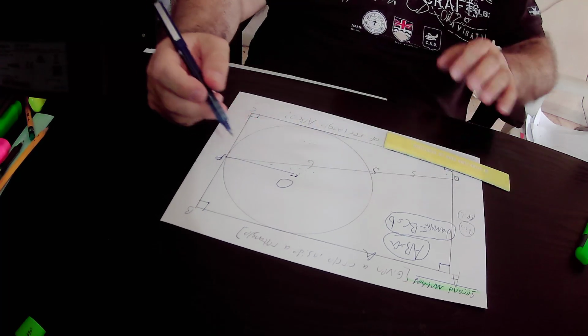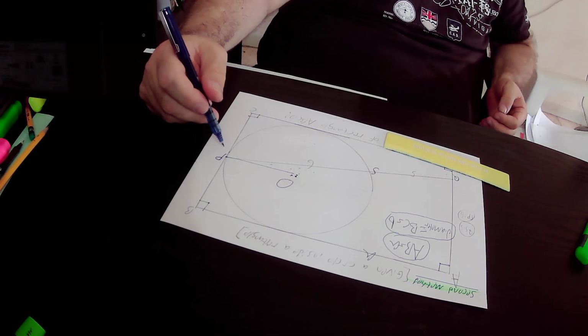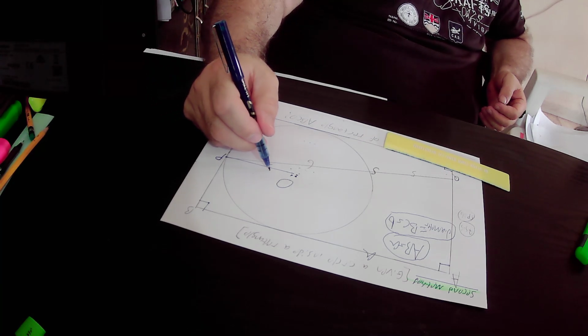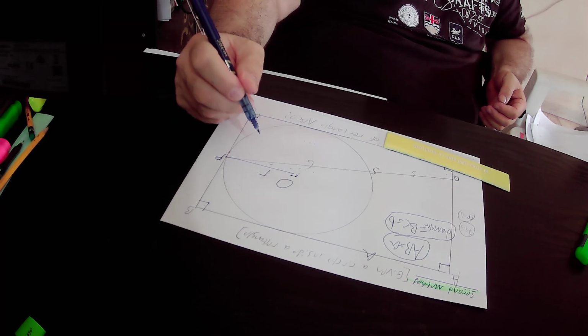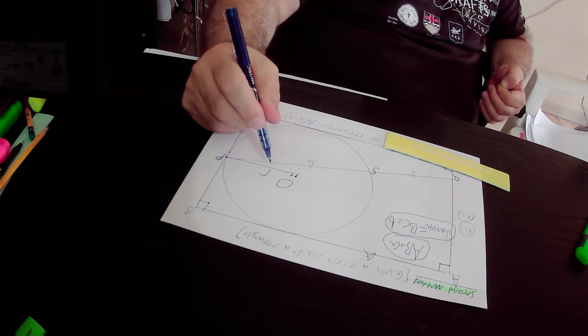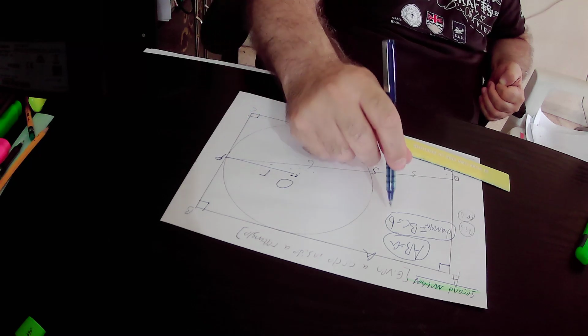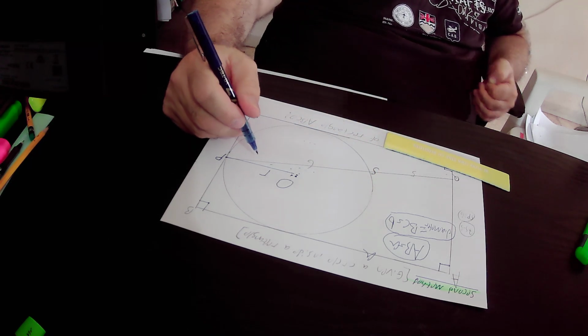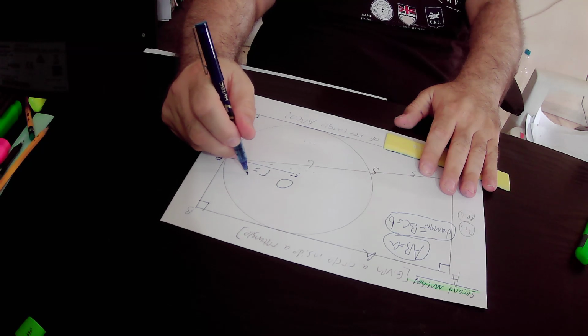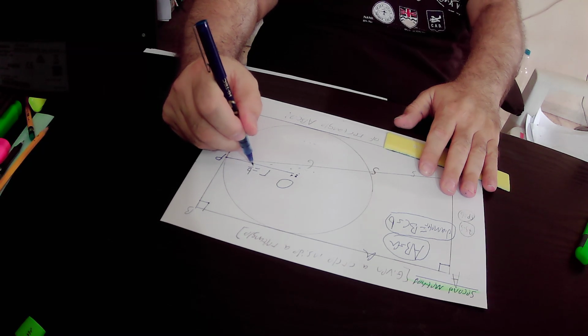Point O is the center of the circle, point P is a point on the circle itself, therefore OP is the radius of this circle that we will define as R. If the radius OP equals R and the diameter is equal to B, then the radius must be half of it, that is to say R is equal to B over 2.